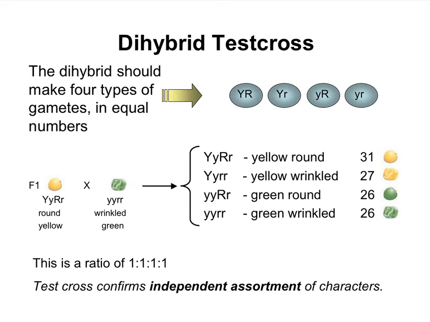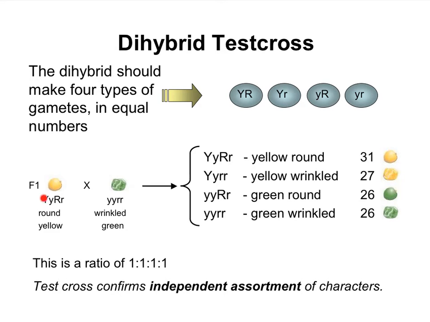Now, when we're talking about a test cross, what exactly is a test cross? A test cross is when you have an individual that's yellow and smooth, and you want to know, is this homozygous or is this heterozygous, right? You need to cross it with something that is homozygous or pure breeding, and see what you get.